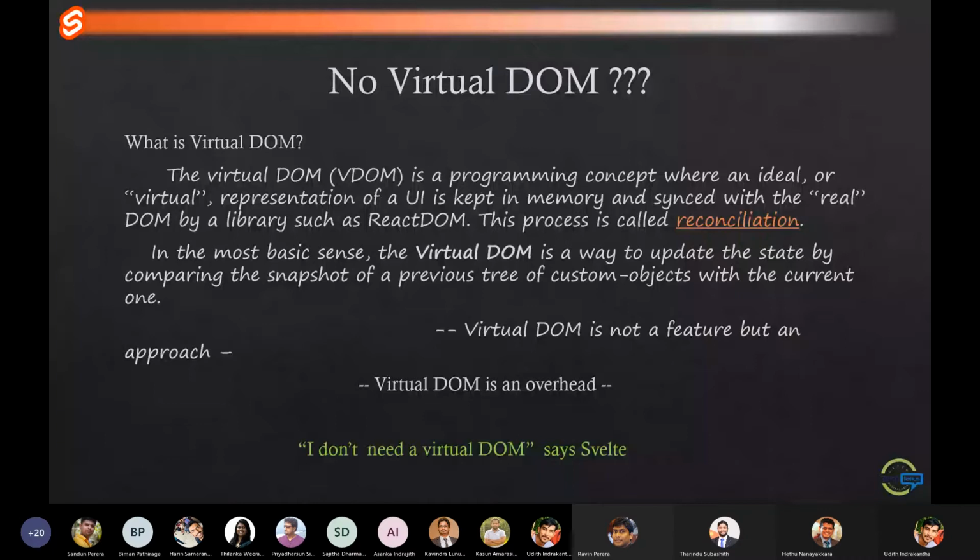What you must understand is that a virtual DOM is not a feature but an approach, but React highlights it as a feature. I don't know why. Anyway, the virtual DOM is an overhead, because when there is a real DOM and we create another one, it is an overhead, isn't it? So in Svelte, they don't use a virtual DOM because it is an overhead. That is one of the main features of Svelte.